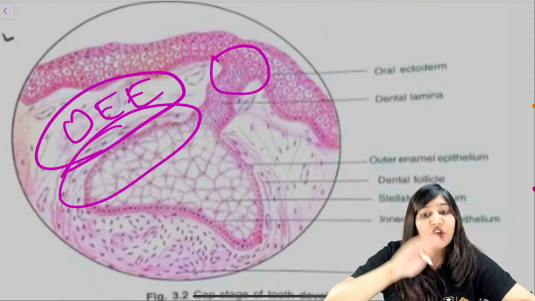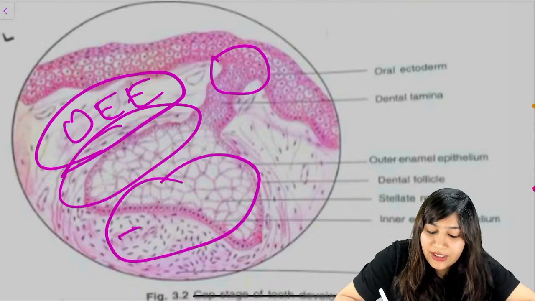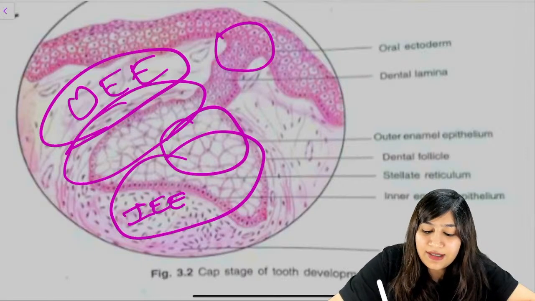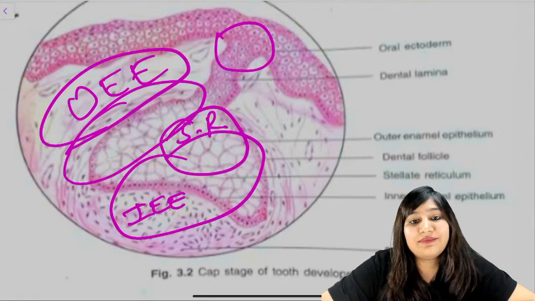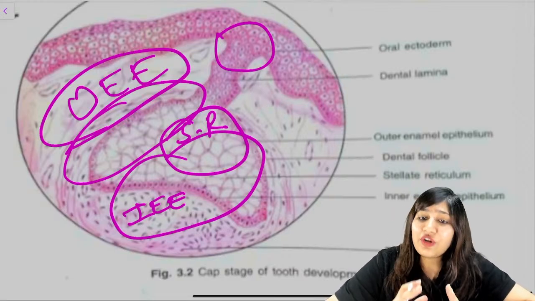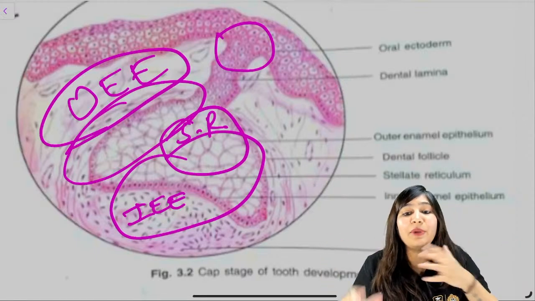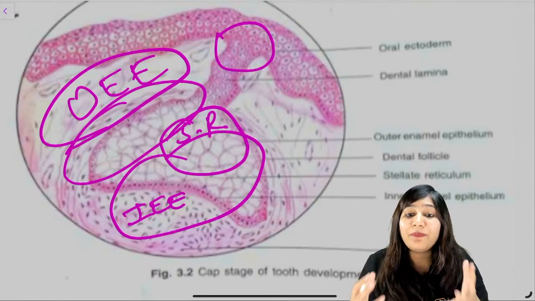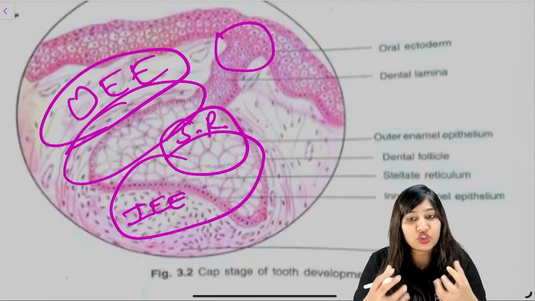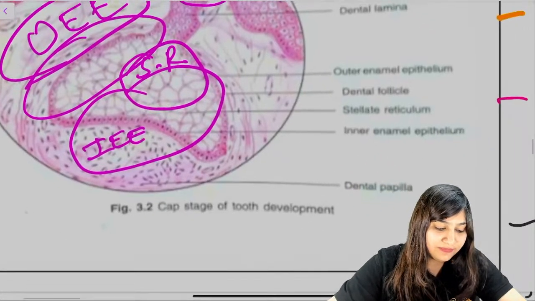Cells in the concavity are tall columnar cells, and they constitute our inner enamel epithelium. And central cells are stellate reticulum cells, which are star-shaped cells. Initially they were polyhedral, but being hydrophilic, containing glycosaminoglycans, they form a star-shaped network. In between them, they have a material rich in mucoid, which is mainly albumin, which provides cushion-like consistency. It acts as a shock absorber, and it protects the underlying enamel structure.